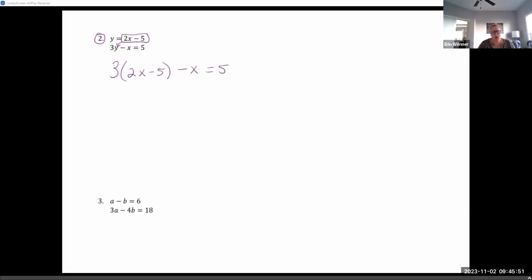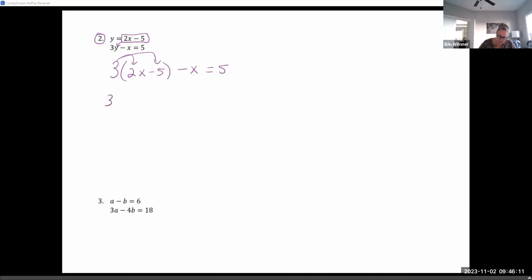So oftentimes you will have a coefficient attached to that variable, and when I replace the variable, we have to then distribute that coefficient to what's inside. So I'm going to take 3 and multiply everything that's inside by it.